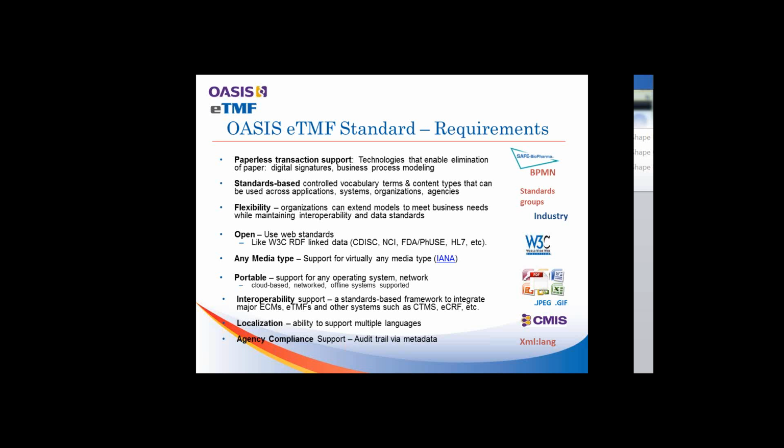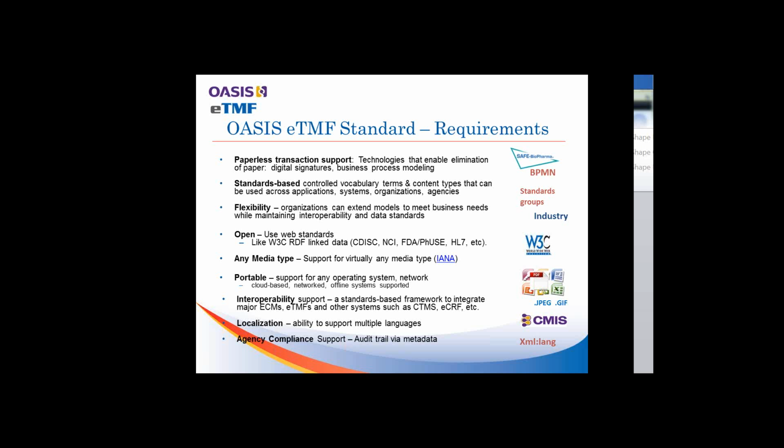All right, let's talk about the architecture. At a high level, we have what we call a classification system layer that describes what's in the eTMF content, and it develops a content model with metadata and classification policies and rules.